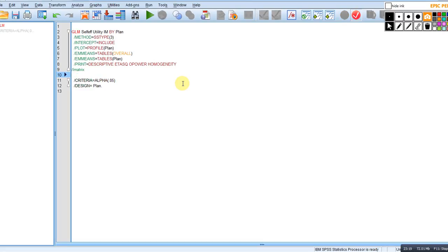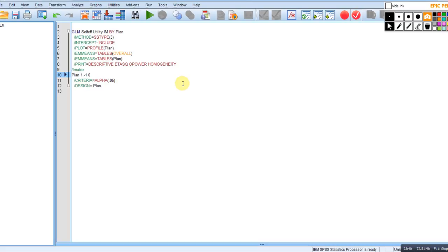If I was comparing group 1 versus group 2 and not involving group 3, then I would just say 1, -1, and 0. So these are basically contrast coefficients, and they would need to sum to 0. That would accomplish that particular comparison.